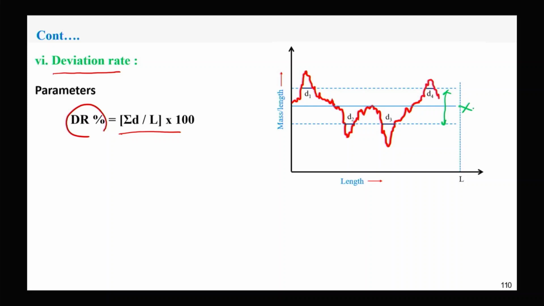X bar is the mean mass per unit length, and we have set certain plus minus distance, certain value. So X bar plus minus say 2, or any other value, or X bar plus minus 2% of X bar. So 2% variation. Okay.